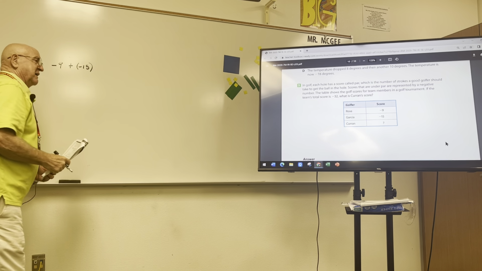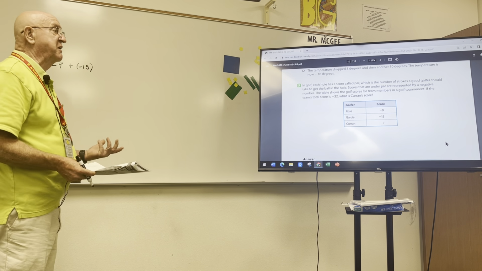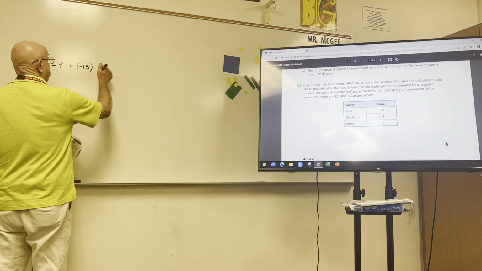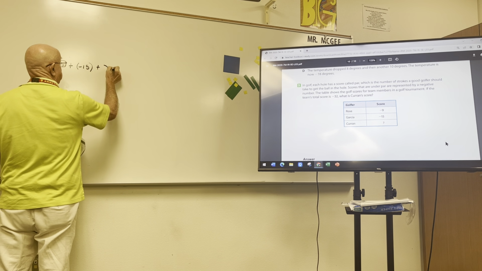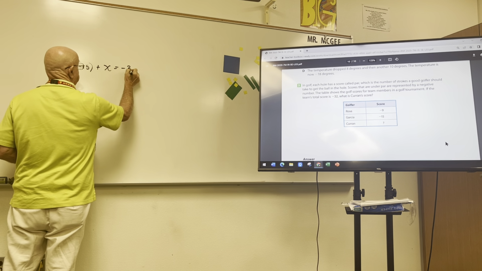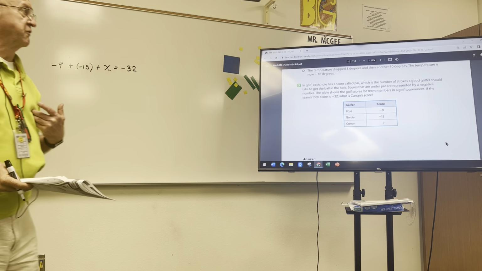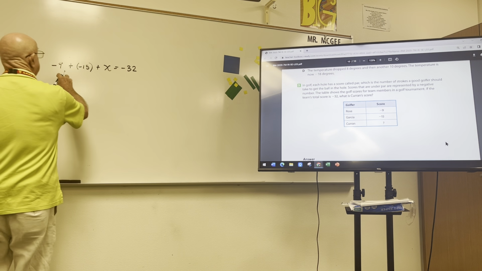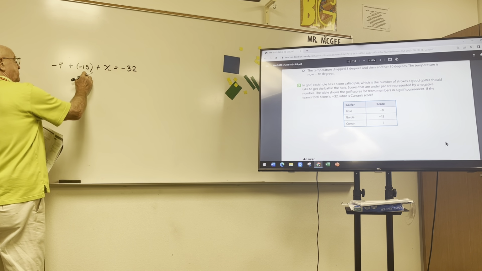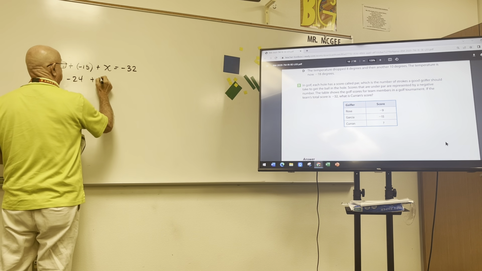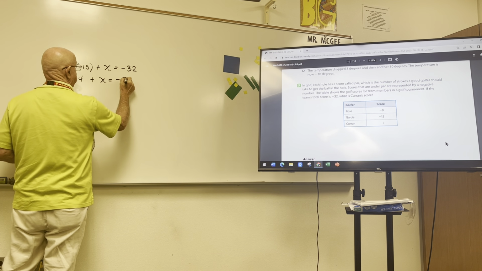How can we find that? We need to find what this is, and then plus this number here is going to give us a -32. So the best way to do this is to get what these two are. -9 plus -15, that should be a -24, plus x is equal to -32.